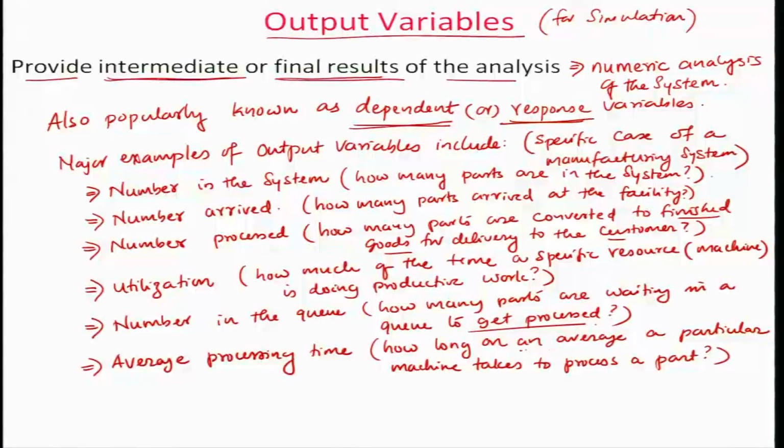So, here is an average, or what we call an estimate. They are all estimates in that regard. So, how long does a particular machine take to process a particular part on an average? That is what we call the average processing time.